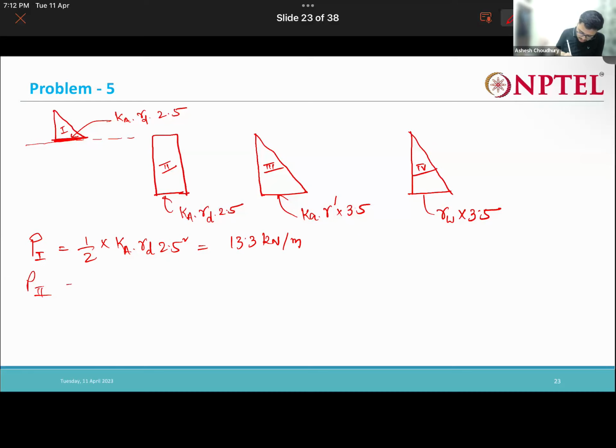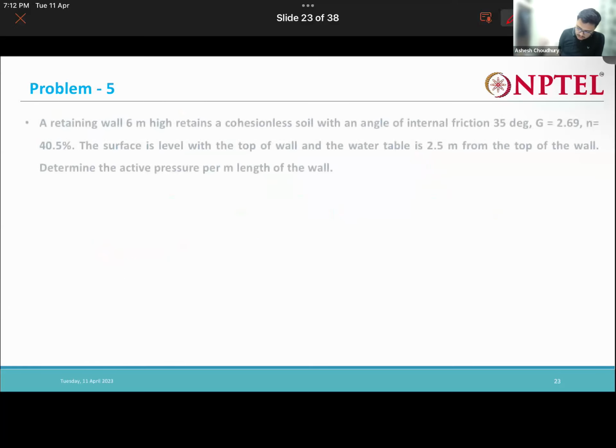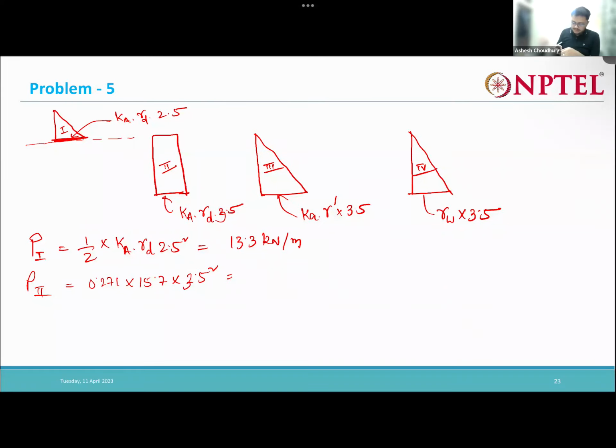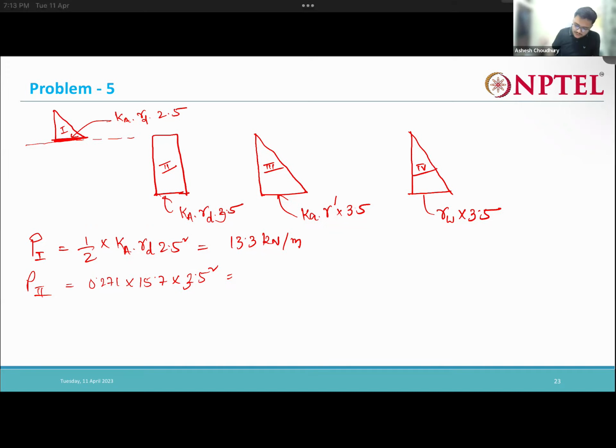P2 is 0.271 into gamma d is 15.7, into 2.5, not 2.5 square. It will be 2.5 into 3.5, right?